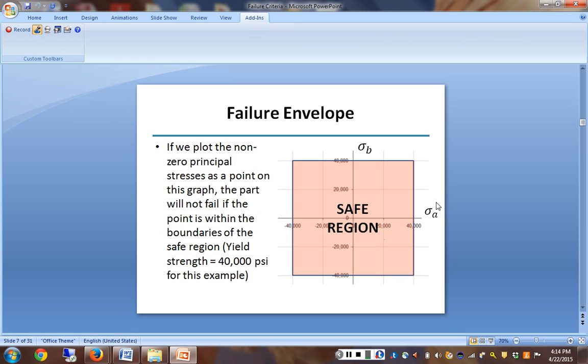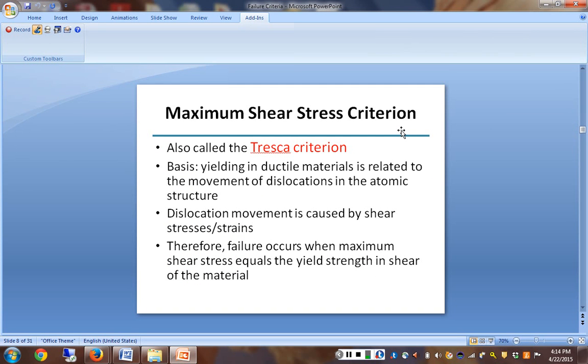That length divided by that length is the factor of safety. I mean, if you think about it, if this is halfway, then you could put twice as much loading. You would have a factor of safety of 2. So that square, that maximum principal stress one, okay, it's out there, but it's not really used in practice very much.